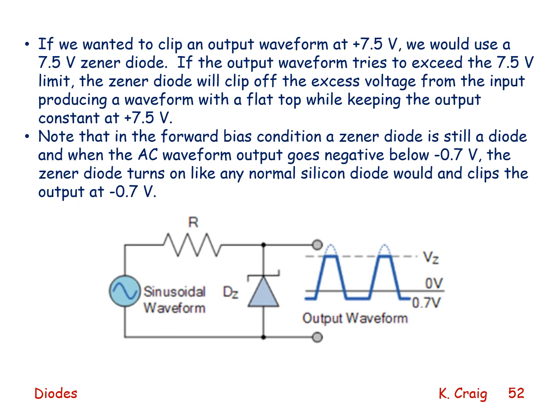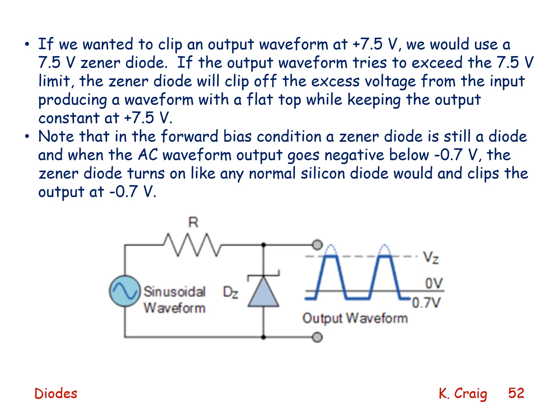If we wanted to clip an output waveform at plus 7.5 volts, we would use a 7.5 volt Zener diode. If the output waveform tries to exceed the 7.5 volt limit, the Zener diode will clip off the excess voltage from the input, producing a waveform with a flat top while keeping the output constant at plus 7.5 volts.